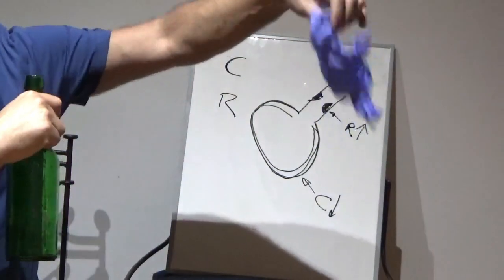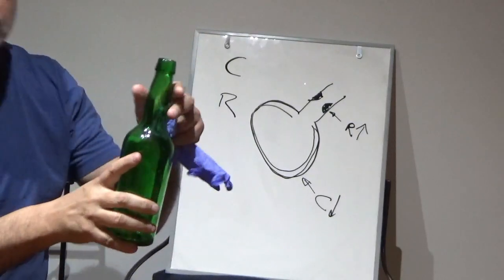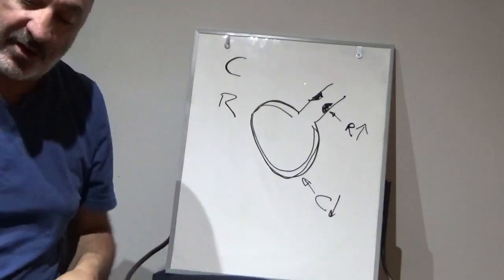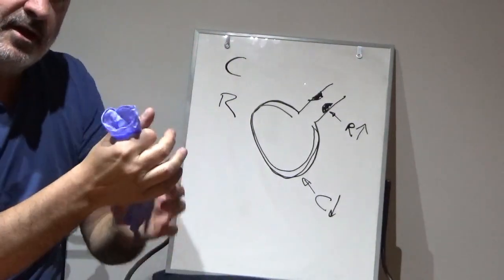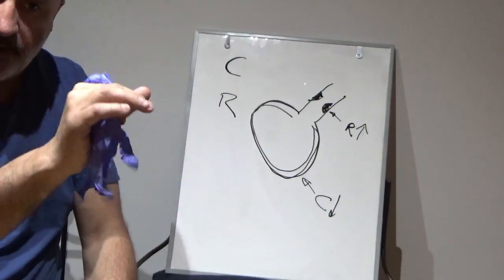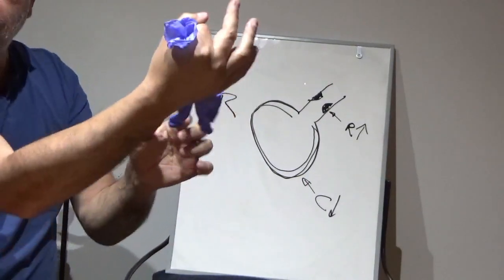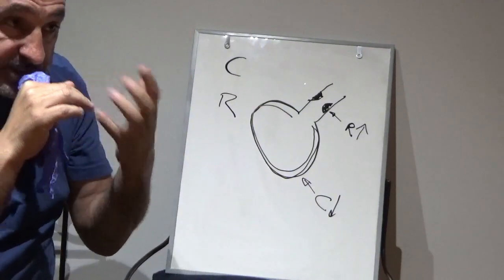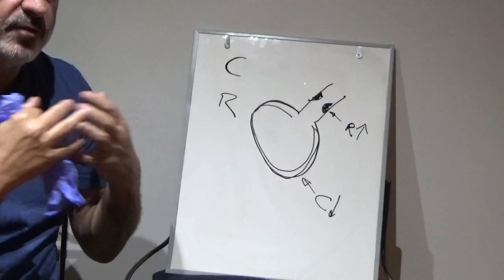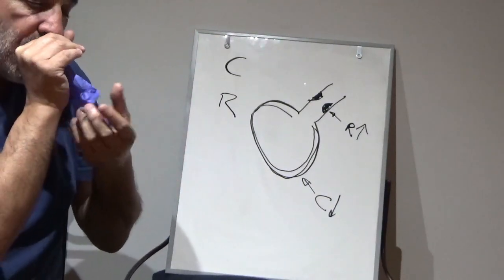In order to better understand these two concepts, I have here two different things. I have a globe and a bottle. It's a cider bottle, which is typical in my region in Asturias, in the north of Spain. If we try to fill this globe, and I can compress the globe with my fingers, I need to apply pressure with my mouth, with my lungs, like this.